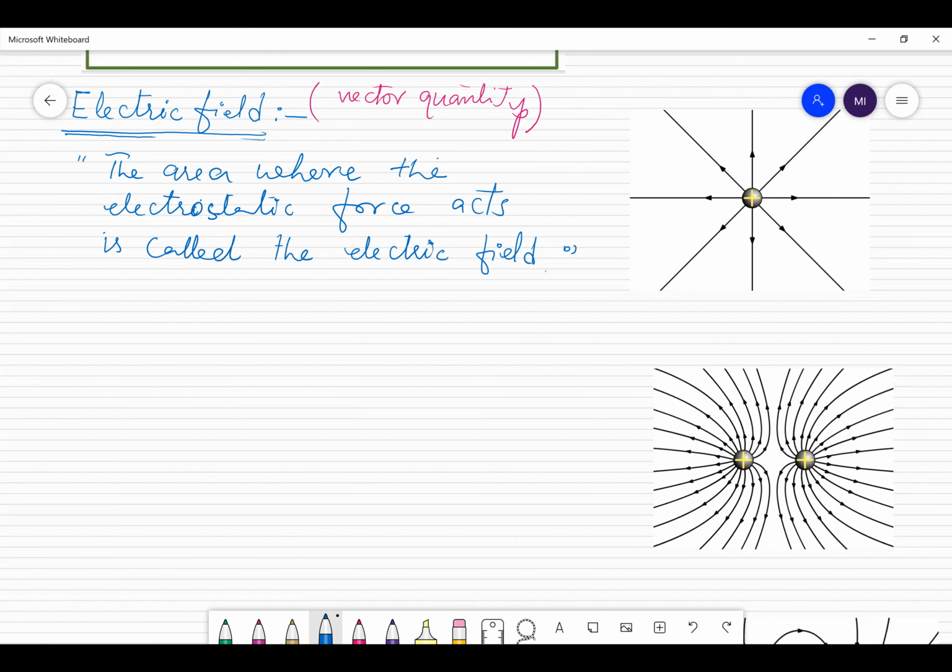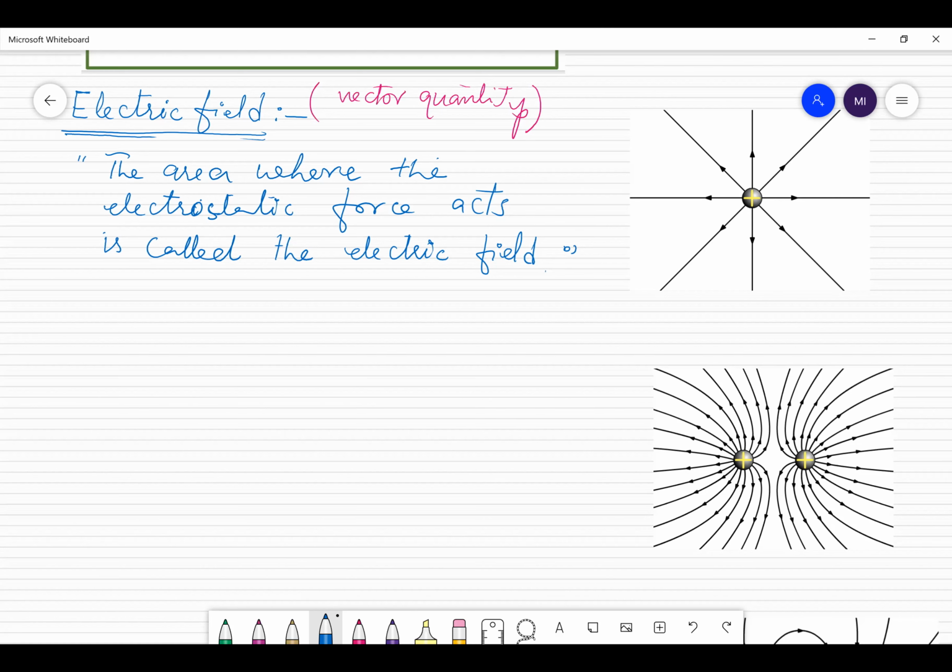But for every charged particle, whether electron, proton, or a charged body, there will be an electric field associated with it.